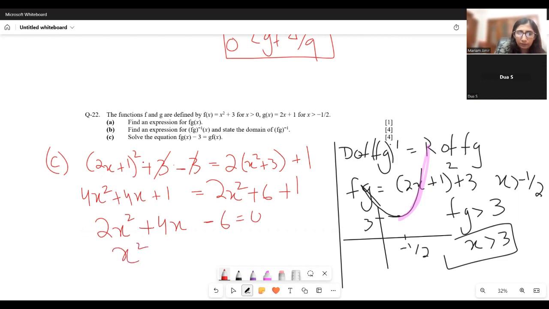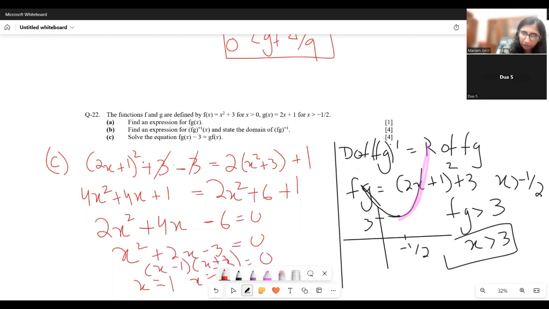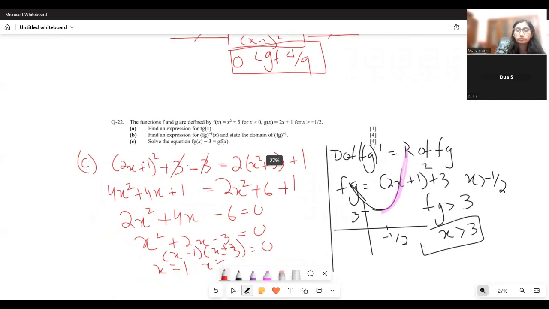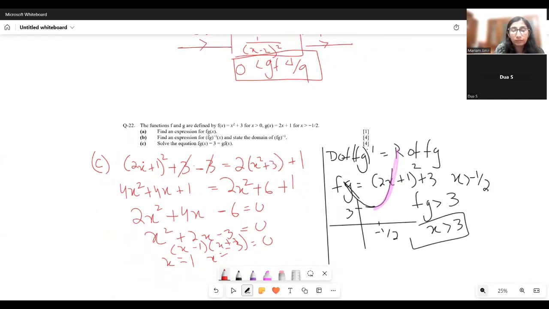So x squared plus 2x minus 3 equals 0. Let me confirm this. When you solve it, you get x equals 1 or x equals minus 3. I did it with the calculator, but on the paper show that you did not use the calculator. Instead, you did factorization. So x equals 1 and x equals minus 3.